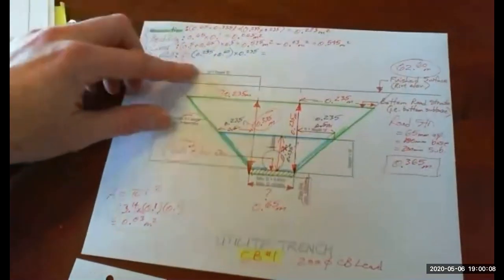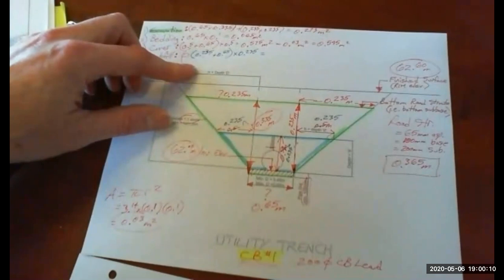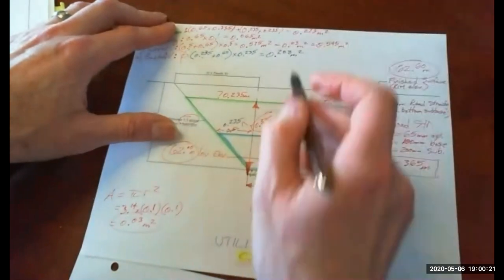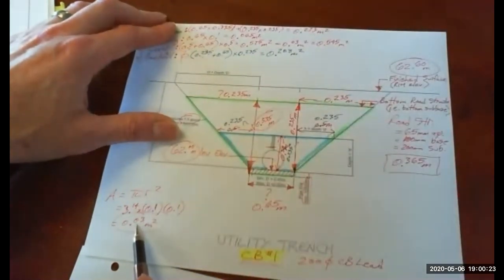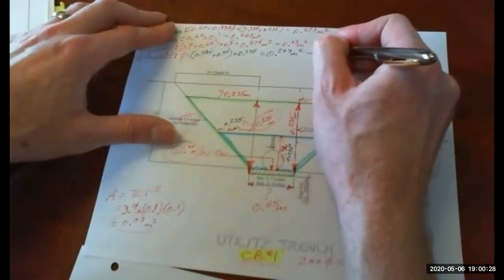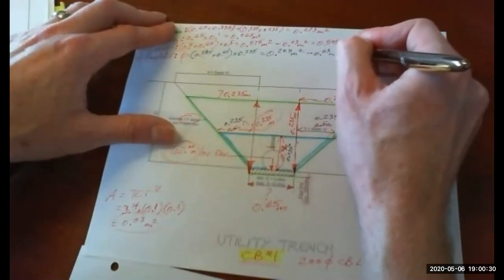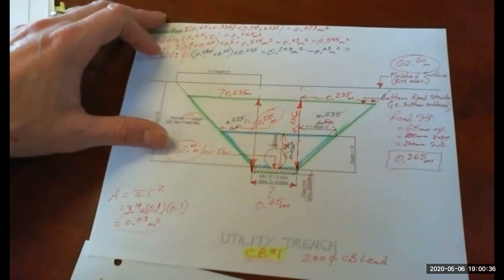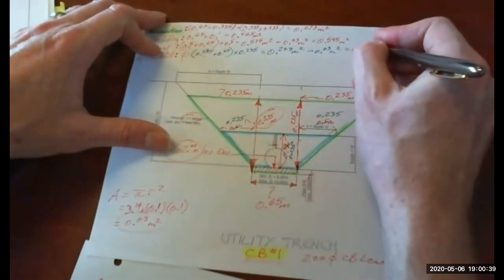Okay, what does that give us? So 0.235, 0.65 add, 0.235 deep. So that's 0.208. Our pipe area doesn't change, so that 0.03 doesn't change. So we subtract 0.03. Leaves us with a correct cover volume, or cover area, sorry, of 0.178.